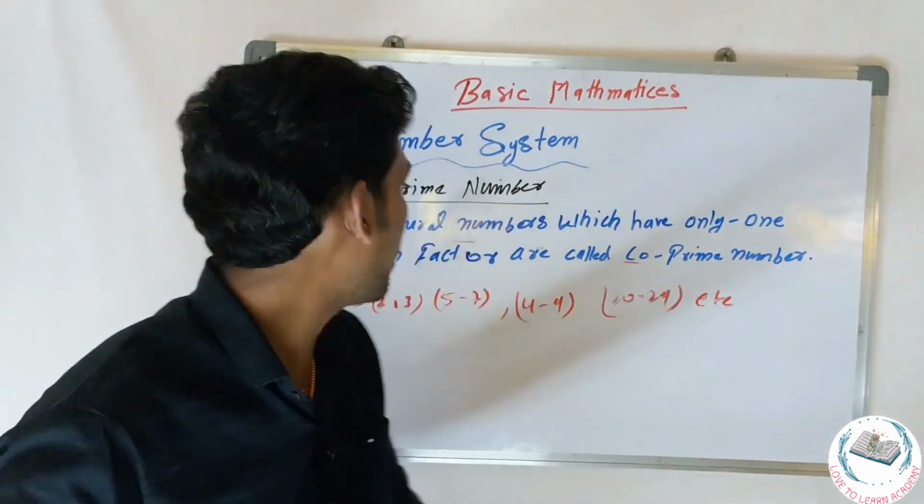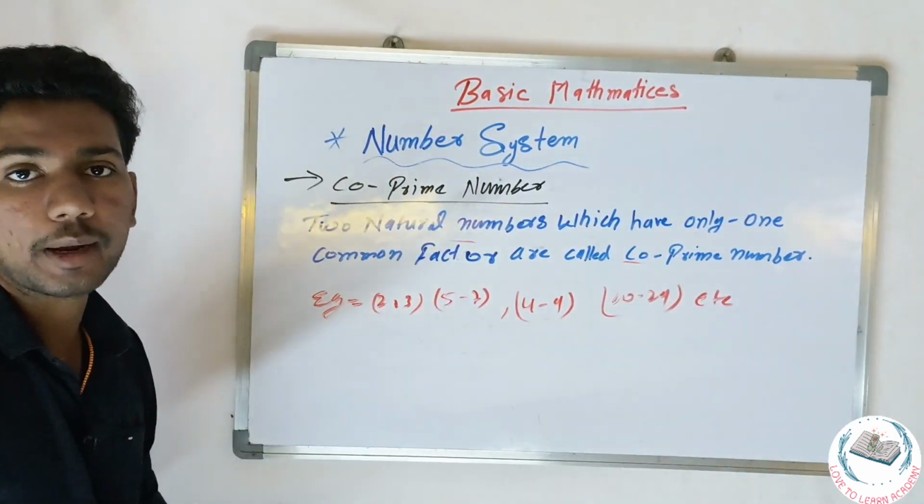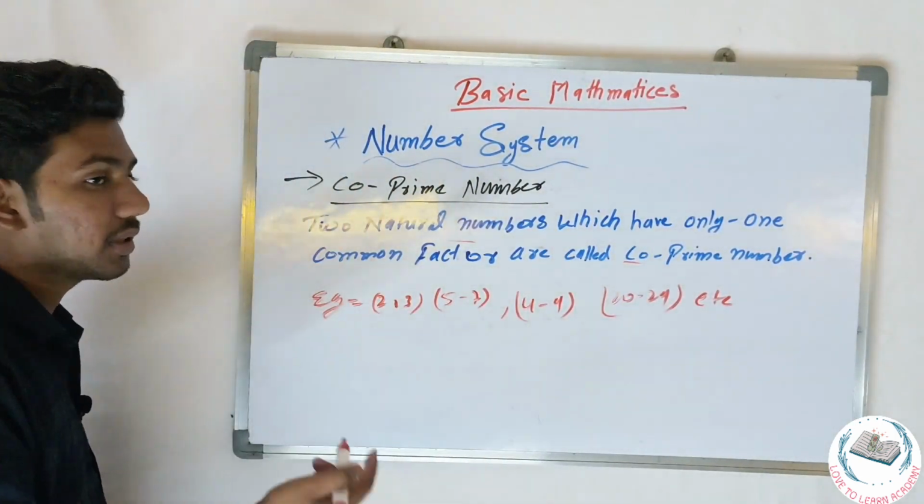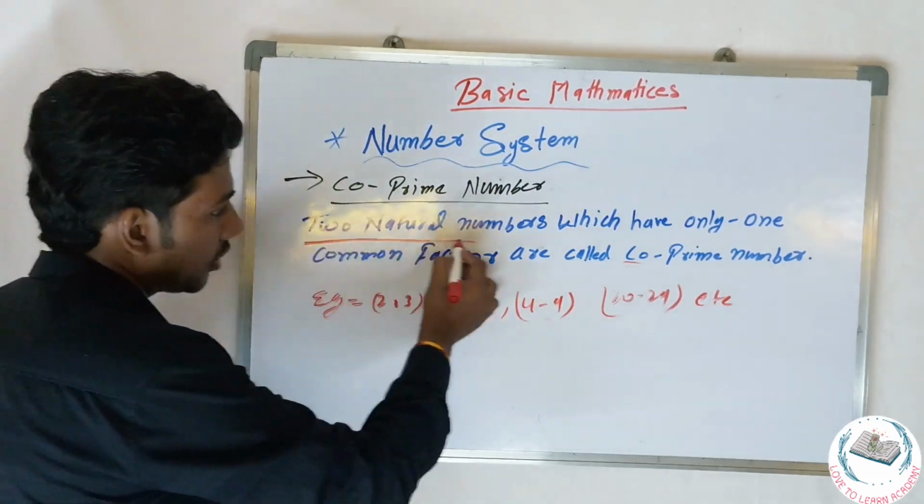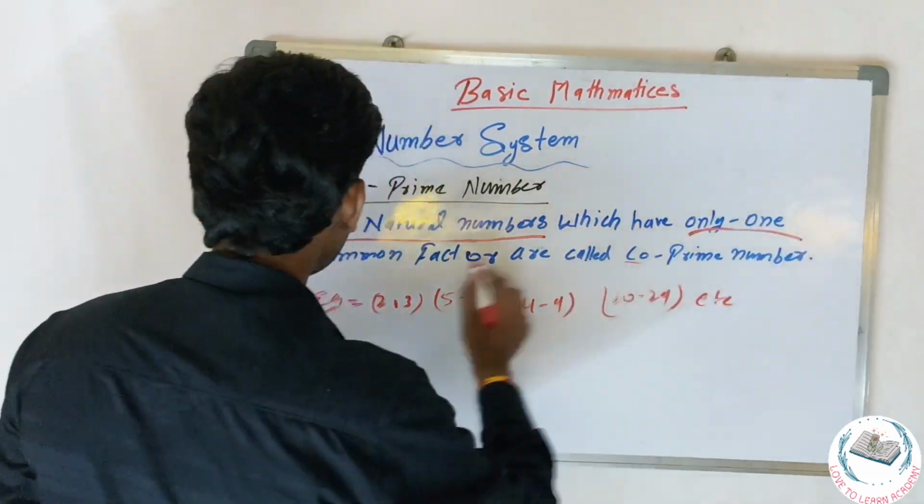Now we have to talk about co-prime numbers. So what is a co-prime number? Co-prime numbers means two natural numbers which have only one common factor.